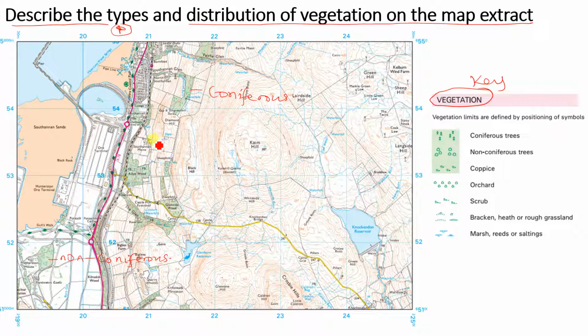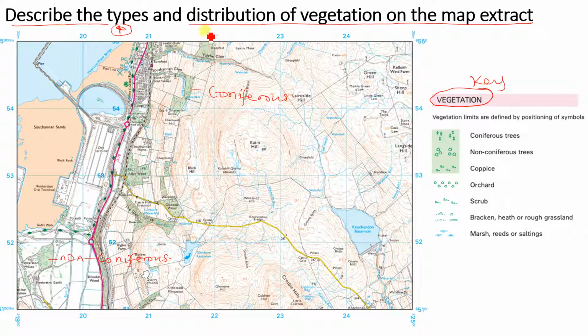So things like shrubs, let me see, are they here? First, non-coniferous. So the map, you have to look at it clearly. I have to cut it to fit in for this lesson. So in the main extract, you'll be able to see it properly. Now, if I've come up with these types, all I need to do now is to describe.